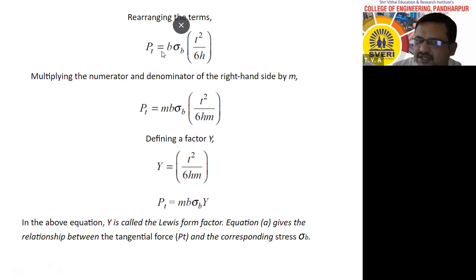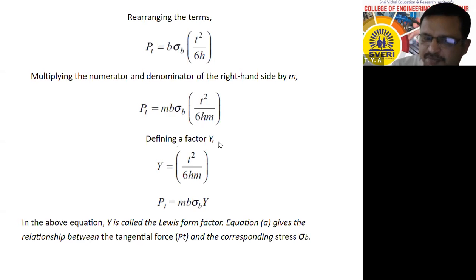Therefore, rearranging the terms, you get the equation PT is equal to b sigma b into t squared divided by 6h. Now what they have done is multiply by module m in the numerator and the denominator, so that the equation remains the same. Therefore, PT equals m b sigma b into t squared divided by 6hm.